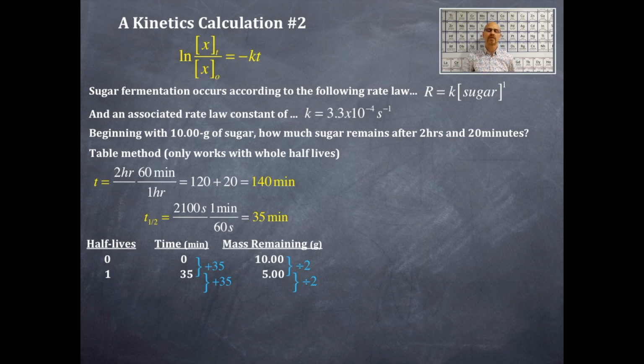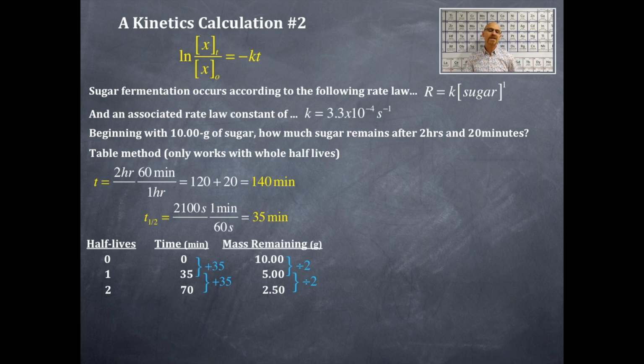So the total number of half-lives now will be 2 half-lives. I have added 35 to the 35 that I had before, so now I have 70 minutes. And I have divided the 5 grams by 2. That gives me 2.50 grams remaining at 70 minutes, which corresponds to 2 half-lives.